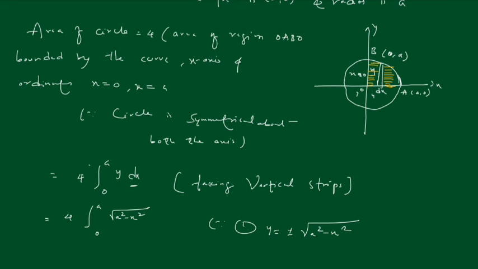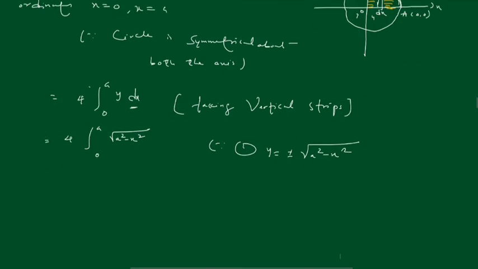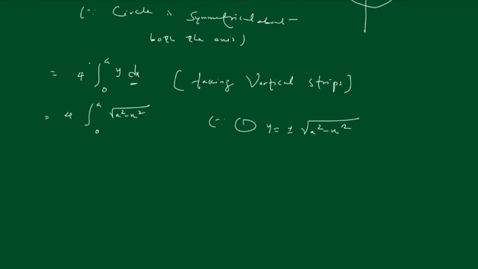The reason is that OABO lies in the first quadrant, because y is positive.